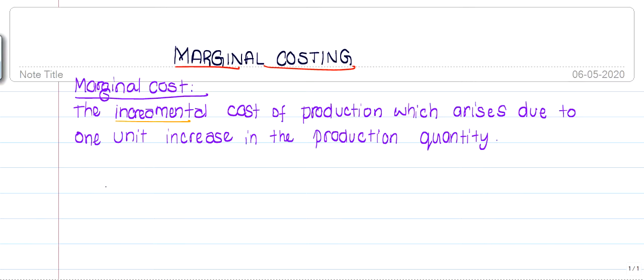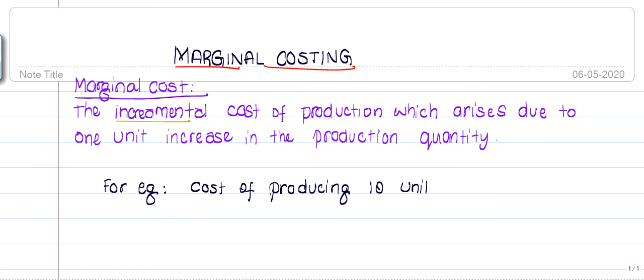Let's see an example so you can understand better. For example, the cost of producing 10 units is, let's say, 10,000.